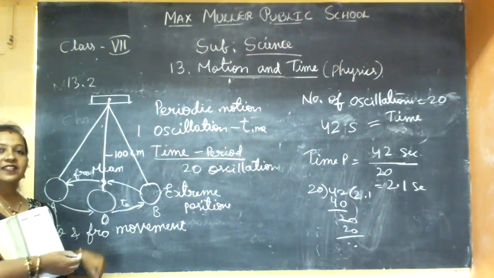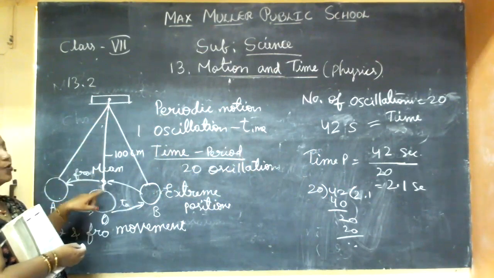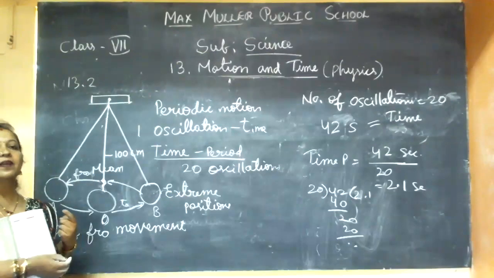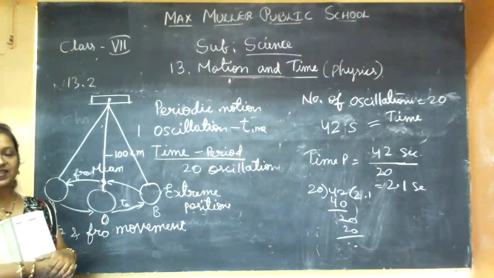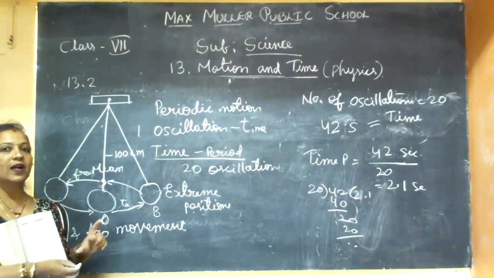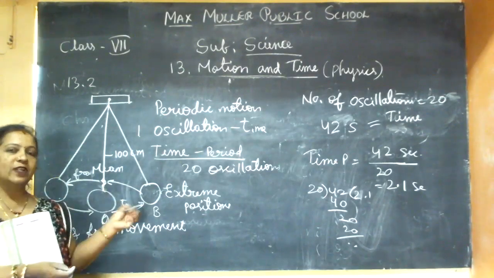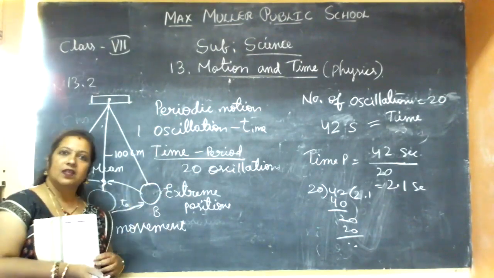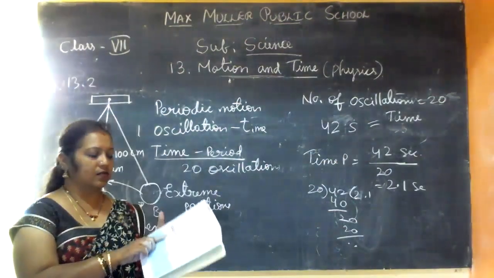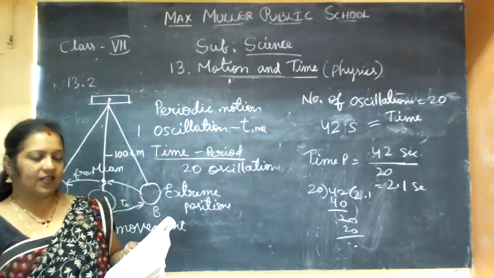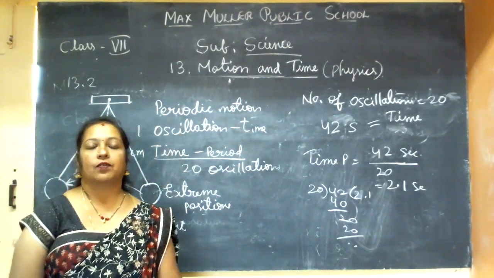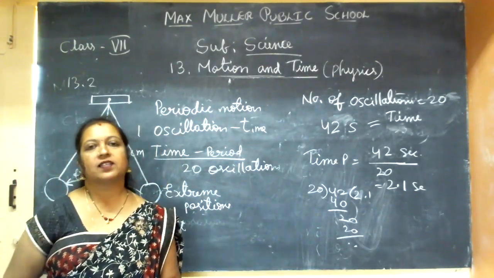If you want to change the time period, the length should be increased or decreased; only then will the time period differ. So take the same length of simple pendulum, and even if you do it many times, the time period will be the same. Record it in a table. Here they have given the table also. Note down the length, the time taken for 20 oscillations and the time period. Do it 4 to 5 times and check it out.